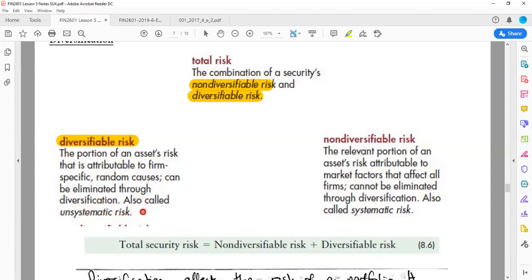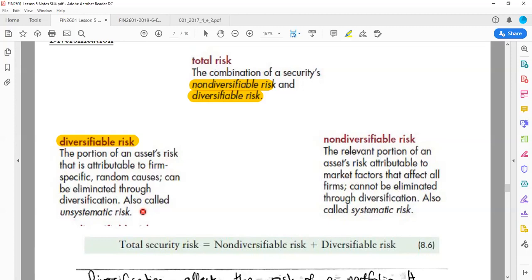Whenever we invest in an asset or in a particular company, that company has what we call diversifiable risk. This is risk that's just associated with that particular asset or company. For example, if we invest in a bank and there's fraud at that bank, the fraud just affects that bank only. It doesn't affect our other investments.